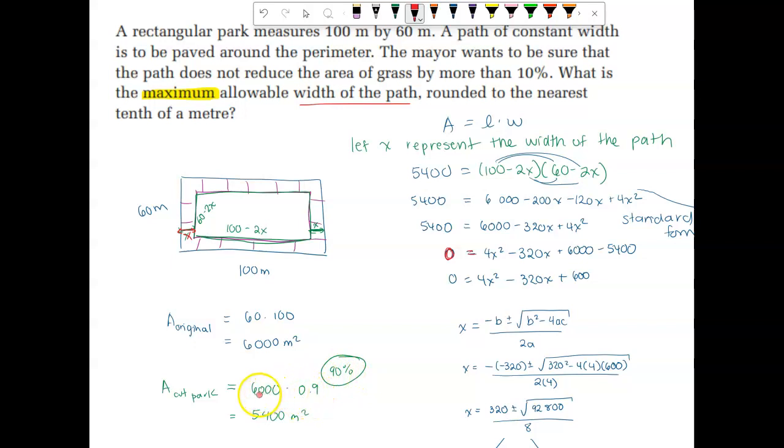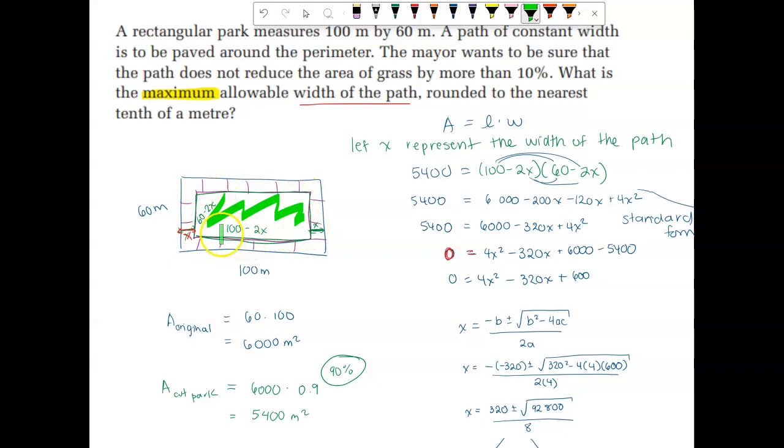So 0.9 of 6,000 means the area in the middle has to be a maximum of 5,400 meters squared. So I need to make sure that this green space in between has to be no less than 5,400.